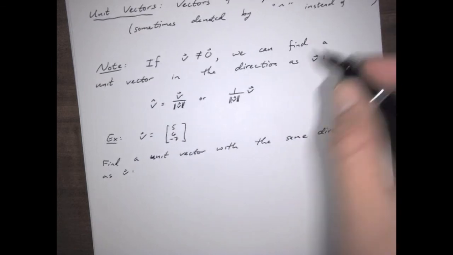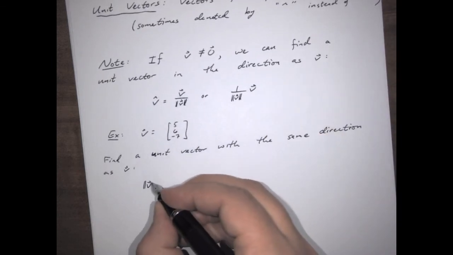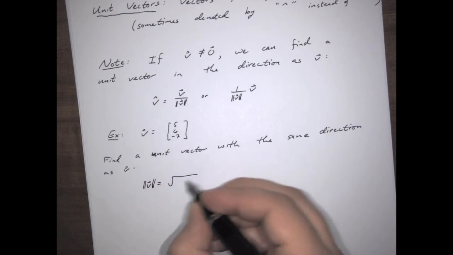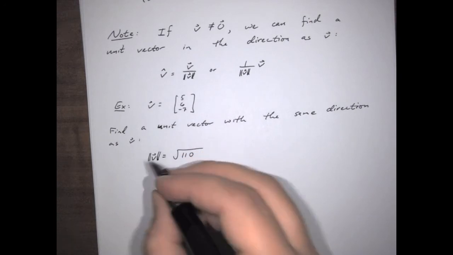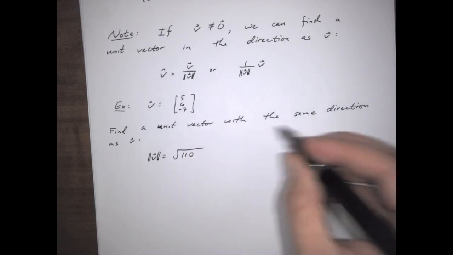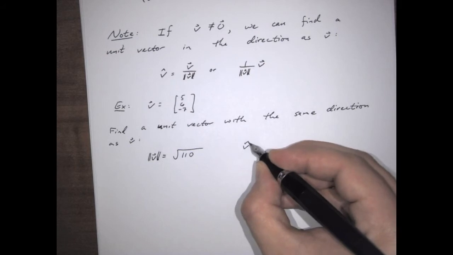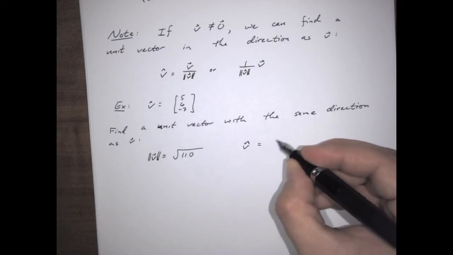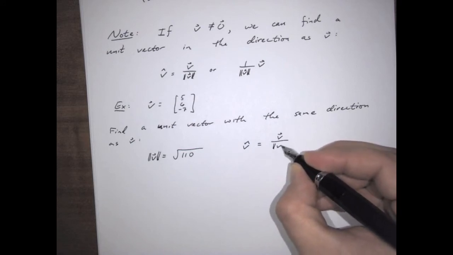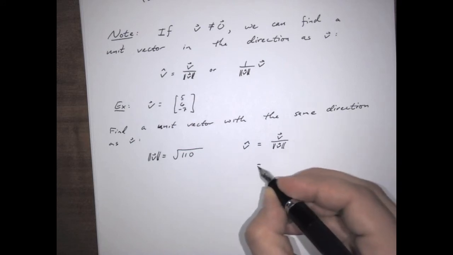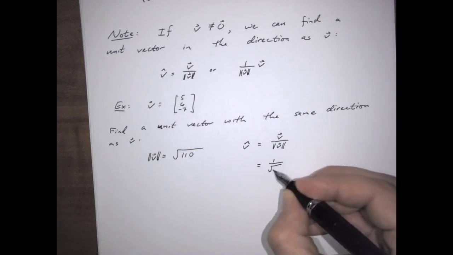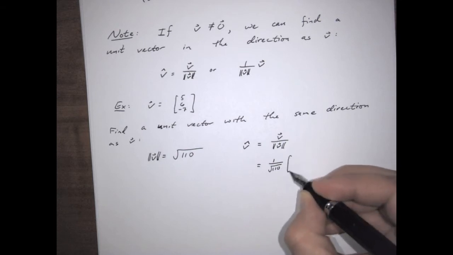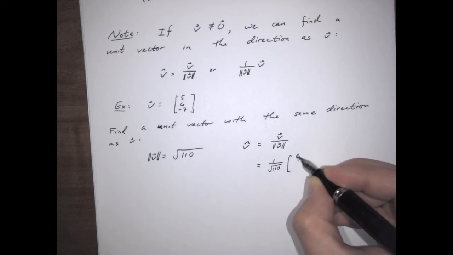Alright, so the magnitude of v, as we already calculated, was equal to the square root of 110. And then the unit vector that goes in the same direction as v, v divided by that, will be 1 over root 110 times 5, 6, negative 7.